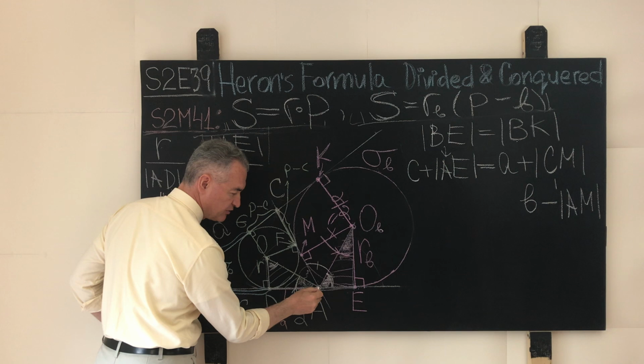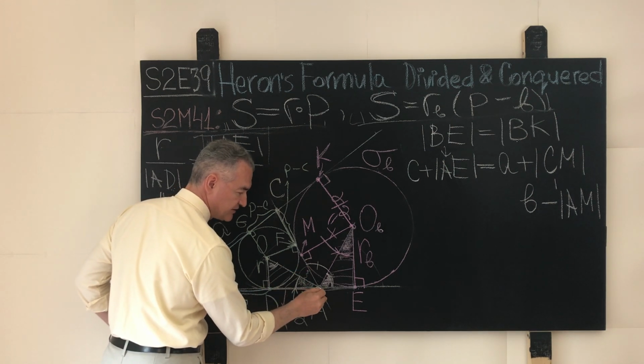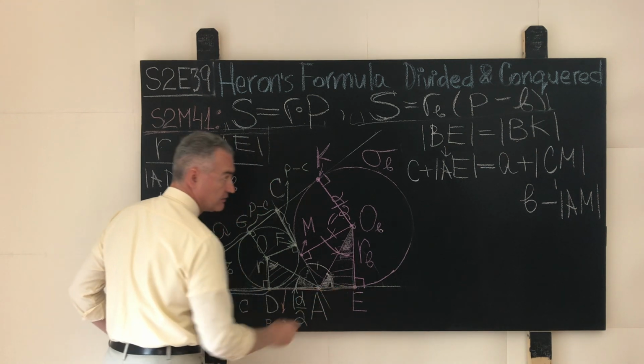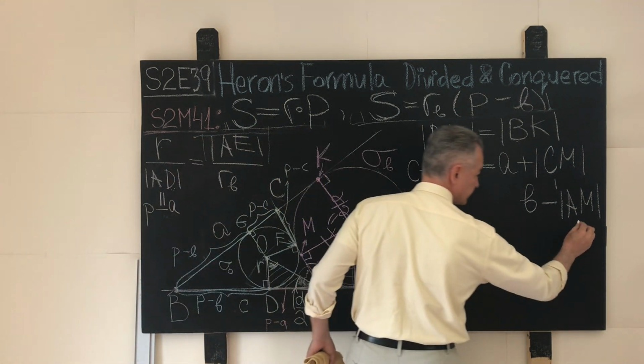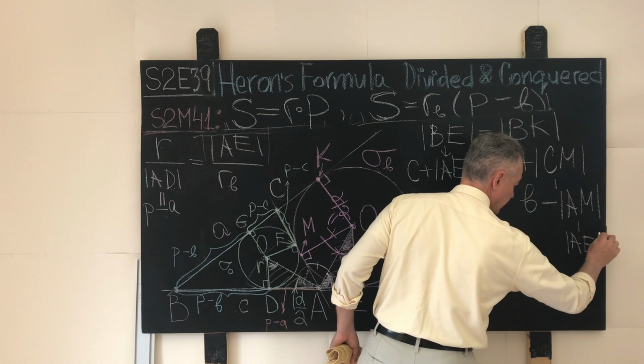It means that the distance between the points A and M is the same as the distance between the points A and E.